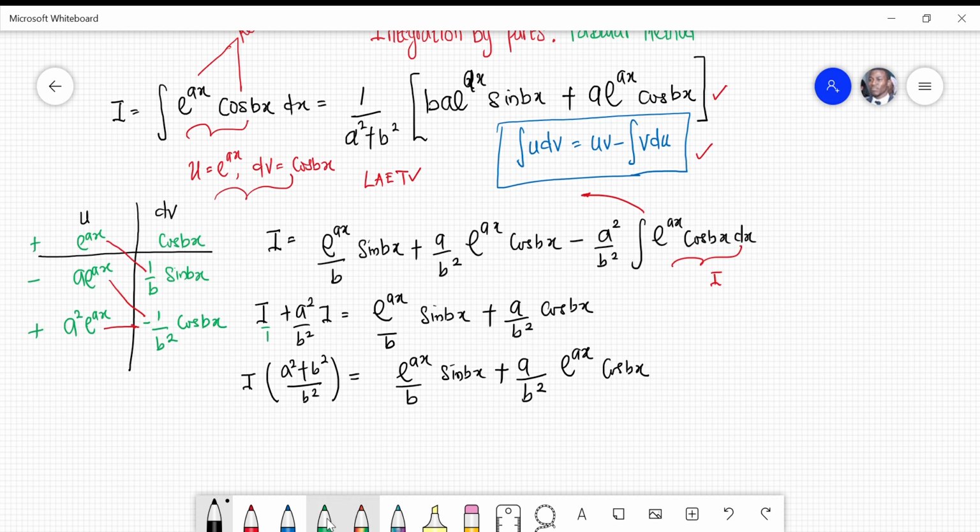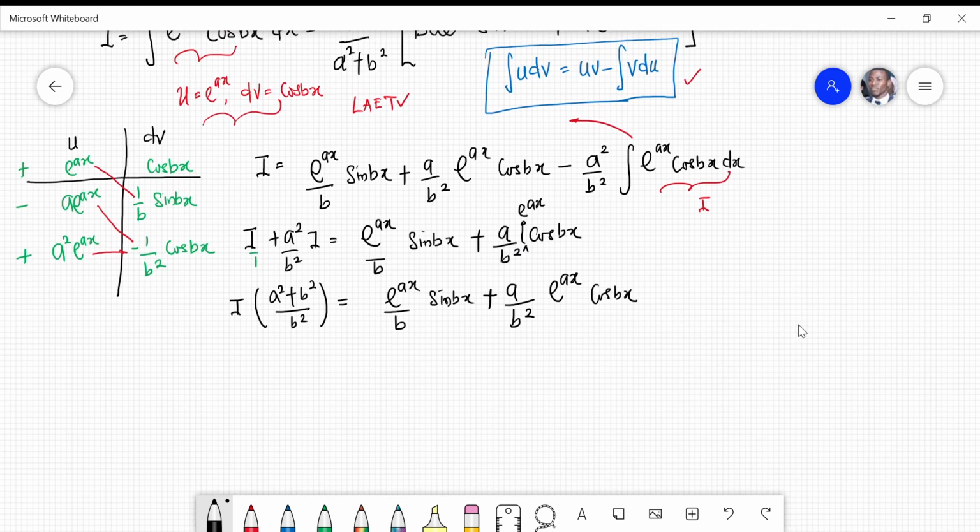I think it should be e to the ax here, somewhere here. Yeah, that's it. That was a mistake there. So now we can have our integral I, which is what we need, so we divide both sides by this term here. So it's going to be this.